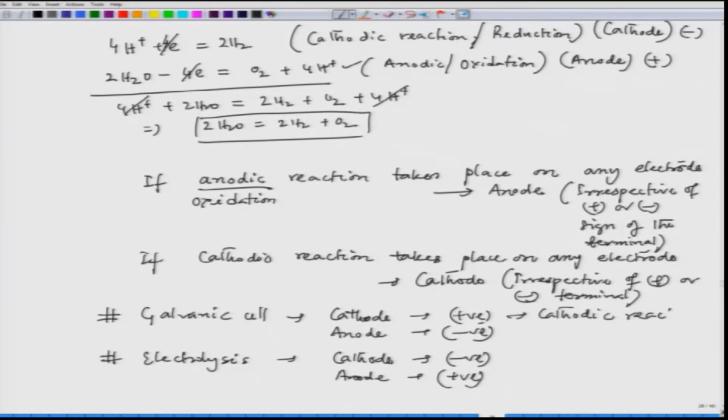cathodic reactions, and here also cathodic reaction.